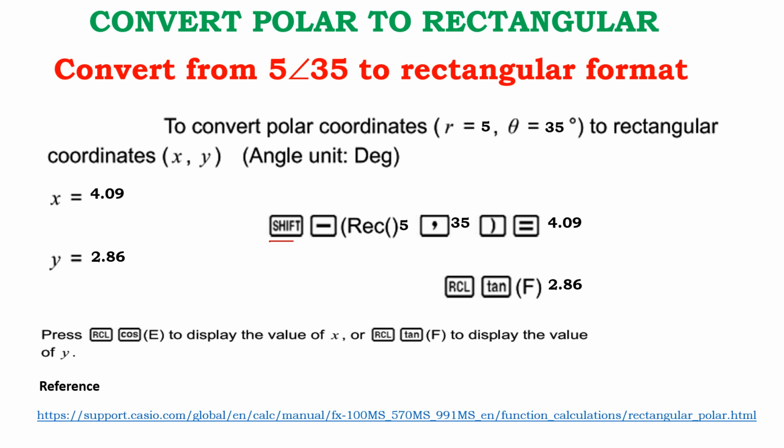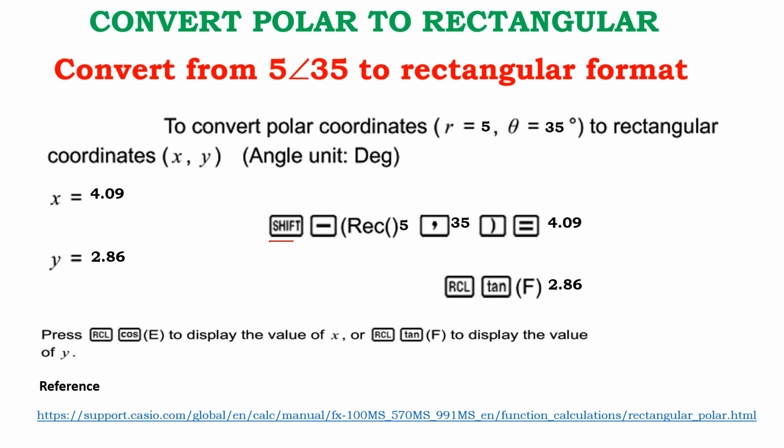Now you will get the real part of the rectangular form, that is 4.09. To get the imaginary part, press RCL and tan, and you will get 2.86. I will repeat once again. To convert from polar to rectangular, the example given is 5 angle 35.